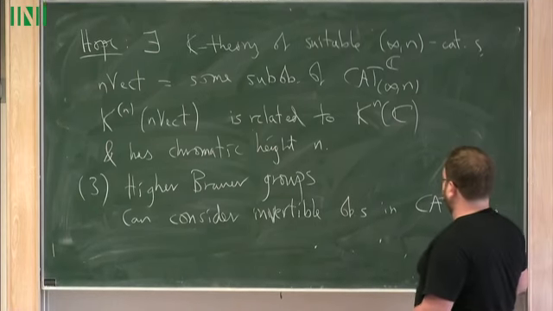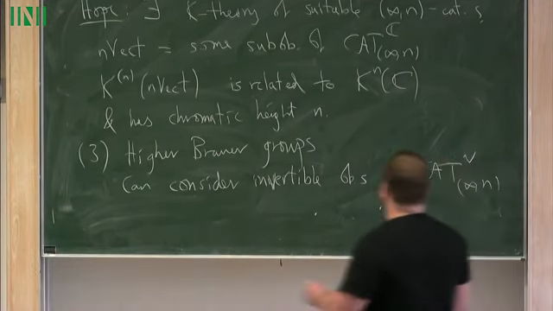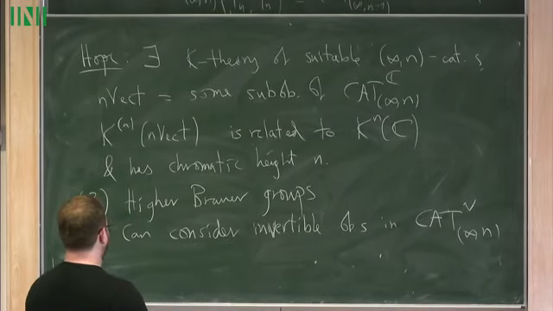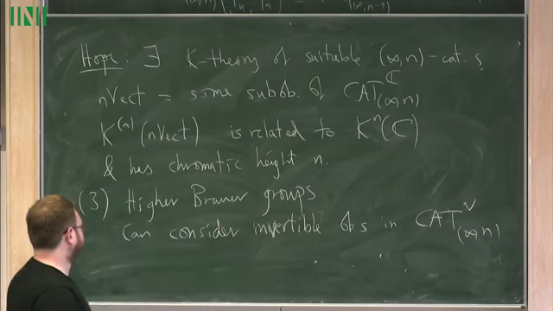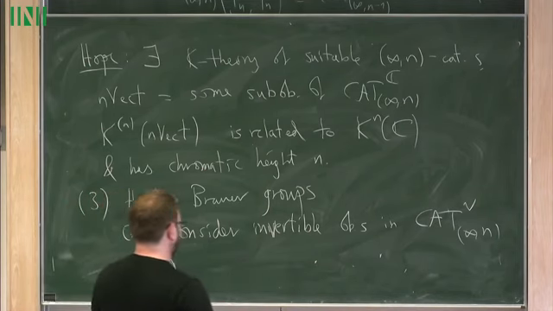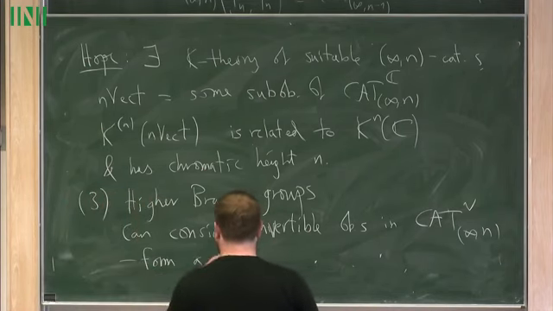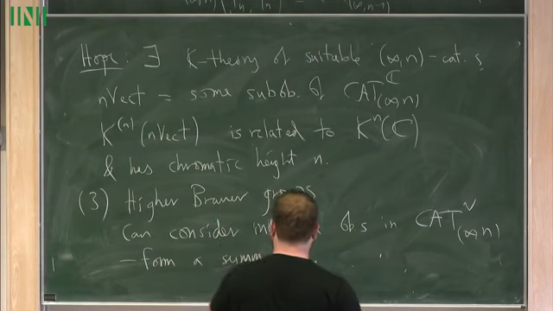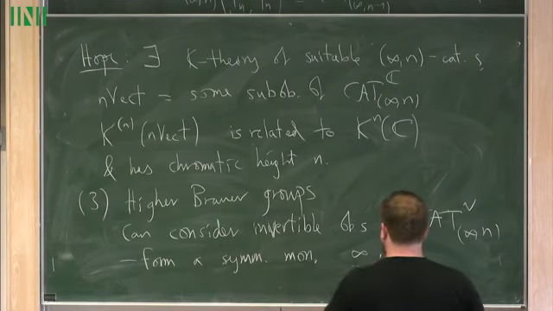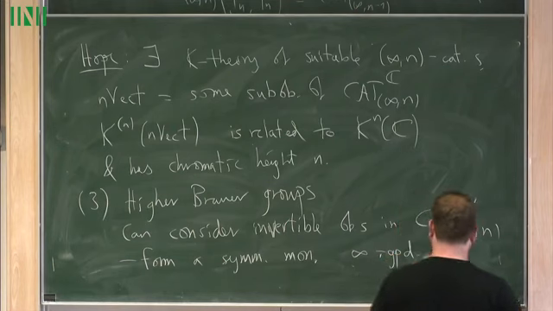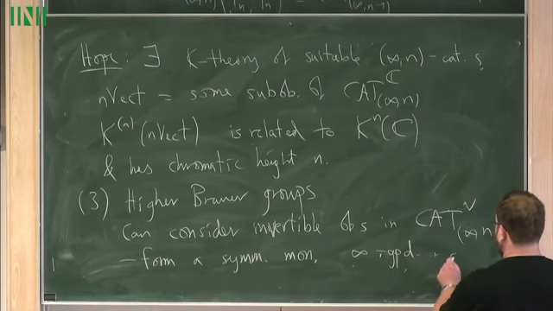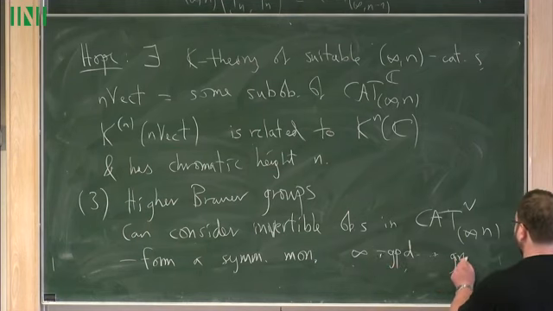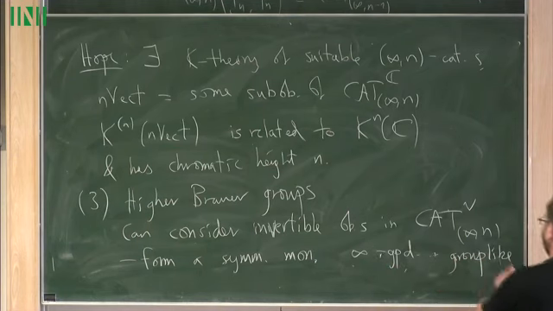Well, I guess here I should assume V to be symmetric monoidal. We can consider these, and then if you take the equivalences between them, they form a symmetric monoidal infinity groupoid.